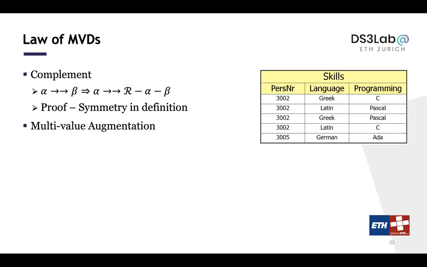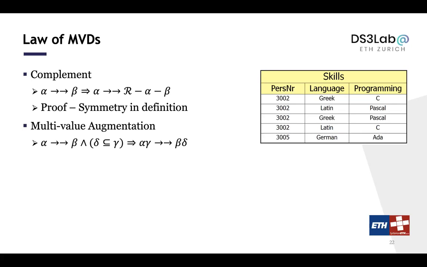Another inference rule is called multi-value augmentation, and it looks a little bit like this. Whenever I have an MVD from alpha to beta, and I know delta and gamma, two subsets of attributes, and delta is a subset of gamma, then I have the MVD from alpha gamma to beta delta.